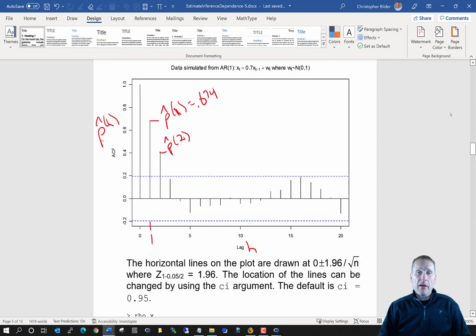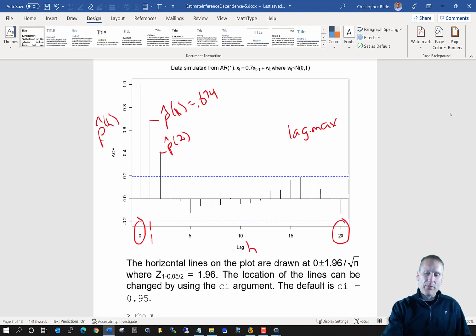So we can see now, actually by default, that the ACF function goes up to lag 20. If you want to change that to a higher number or smaller number, you can use the argument lag.max and specify something other than 20 inside the function itself. Also, we see something that's kind of annoying, and that is, notice it actually gives you at lag 0 what the autocorrelation is.